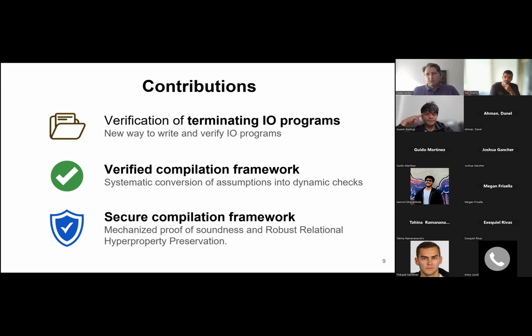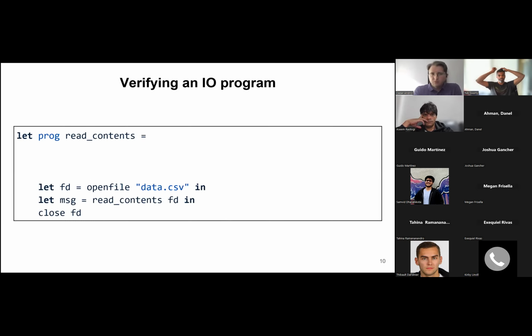And we actually show that our framework is secure because we prove a soundness theorem in F star, and also one of the strongest secure compilation criteria, robust relational hyperproperty preservation. So let's look at how to verify a terminating IO program. This is a very simple example.